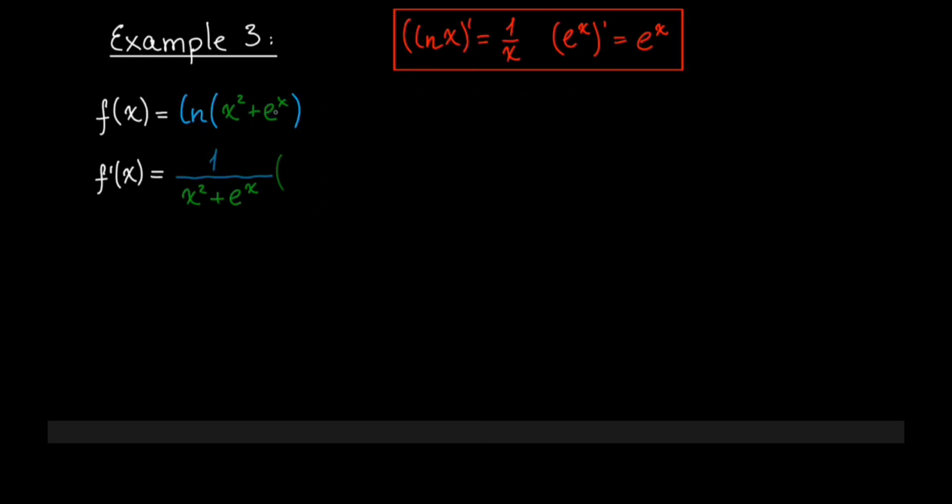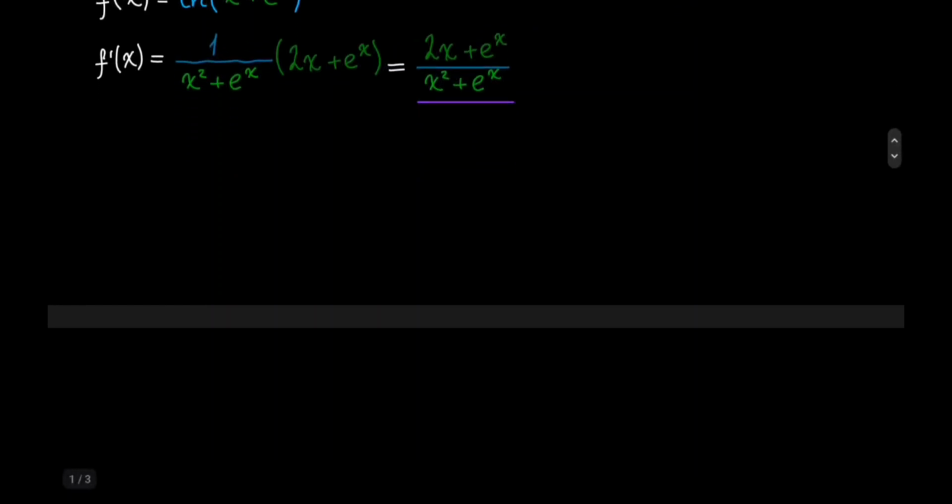Inside we have x squared plus e to the x, and this derivative is simply 2x plus e to the x. And of course, we can always rewrite this in a nicer and more compact way as one fraction. And this here is our final answer. Wasn't so difficult, so now let's move on to the fourth example.